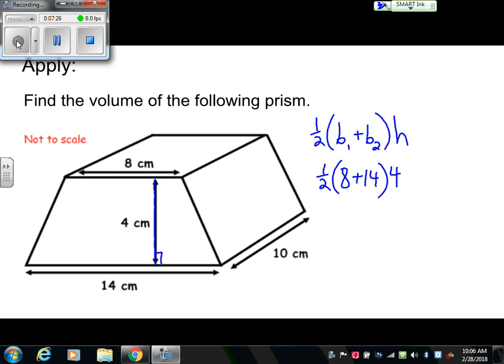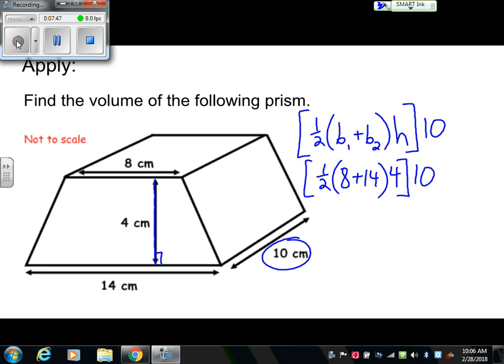And I can go ahead and simplify this, but we also are going to have to eventually multiply this by the height of the actual prism. So right from the get-go, I can go ahead and multiply all of this times the 10, which is the height of my prism.